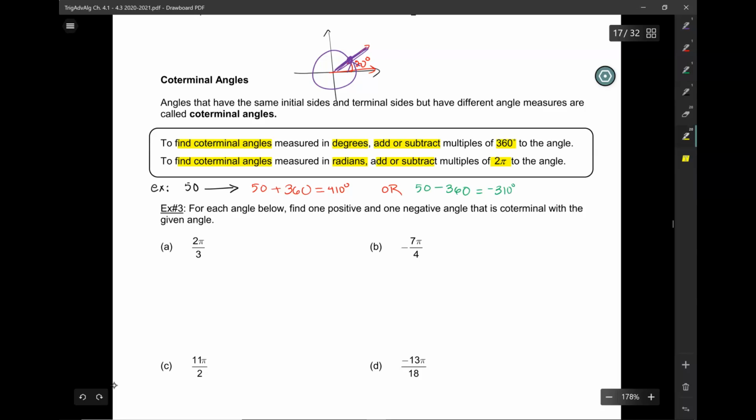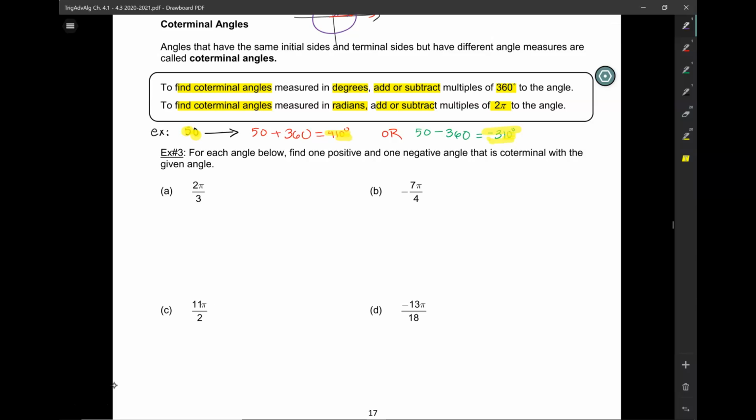So now look at this. The 410 and the negative 310 end in the same spot as the 50. But notice the red one is a positive number, the green is a negative number. Those are called a positive and a negative coterminal angle.